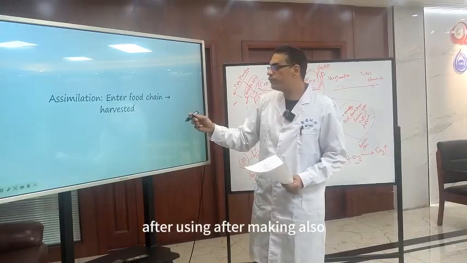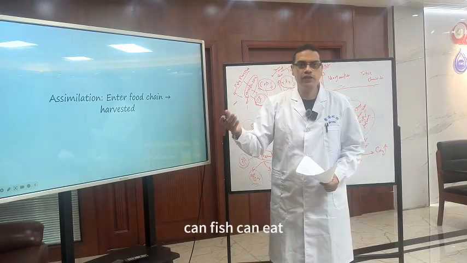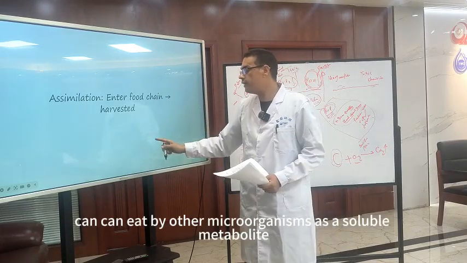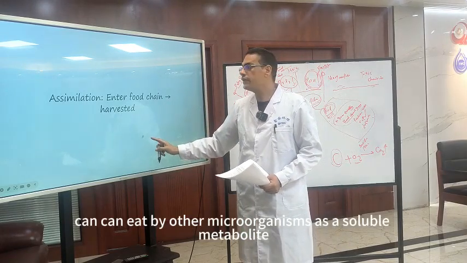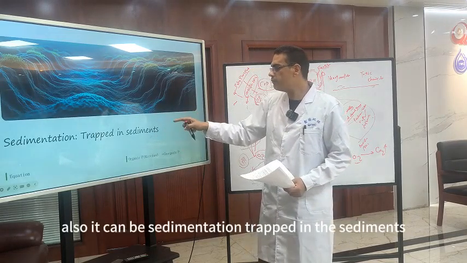After making orthophosphate, by assimilation it enters the food chain: algae can eat it, fish can eat it, and other microorganisms can take it as soluble phosphate. Also, it can be trapped in the sediments.